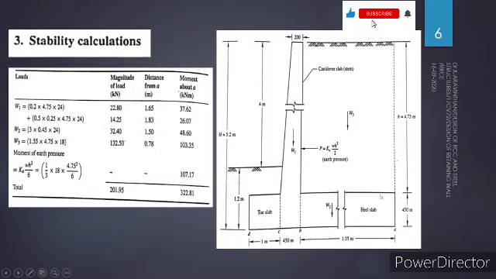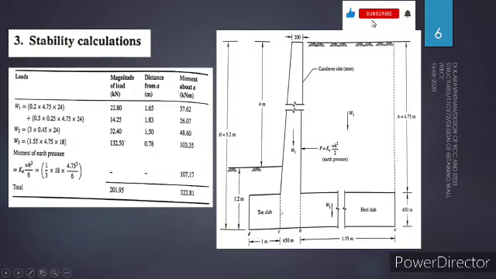While designing the base of the retaining wall, the stem force is distributed to the base slab, and this load is transferred into the soil. Hence, this is a footing design generally. There will be a force which is resisted by the soil. What is the safe bearing capacity of the soil? It is 200 kilonewton per meter square.